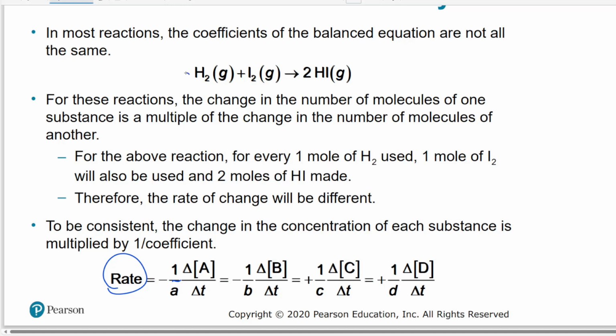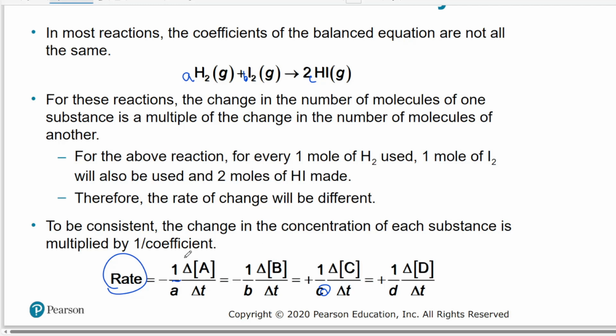So if H2 is A and I2 is B, and let's say HI is C, then negative 1 over 1 dA/dt, or change in A over time, is equal to negative 1 over 1 dB/dt for I2, its change over time, which is equal to positive, for the products, 1 over, this would be 2, for HI change over time.